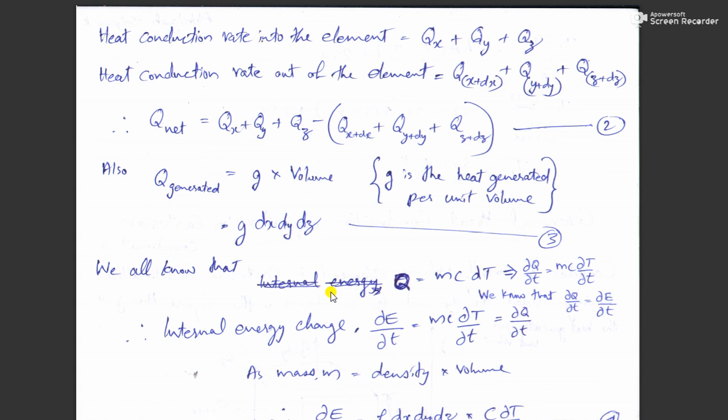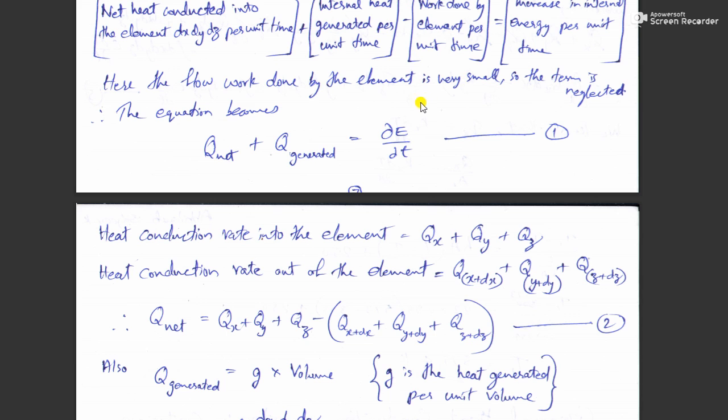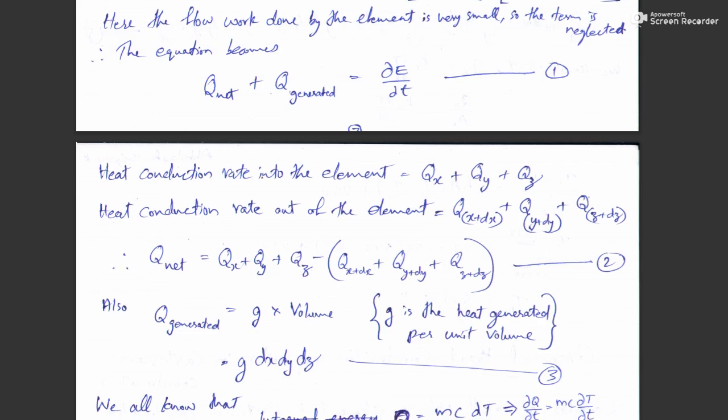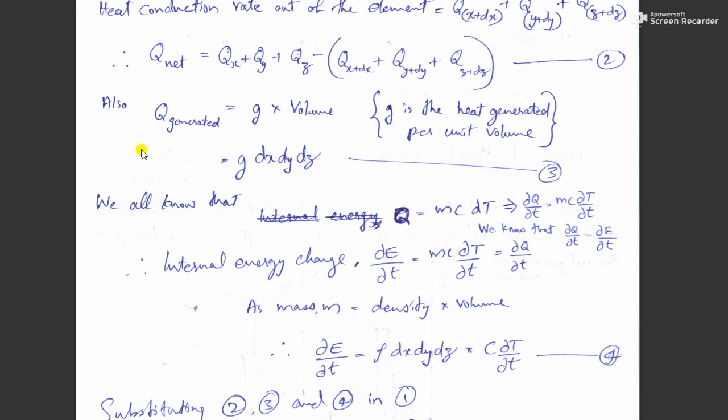Now we are trying to find the expression for dou E by dou T. We all know that Q is equal to mc delta T, where delta T is the change in temperature. Here we have written it as dT, which is also the change in temperature.